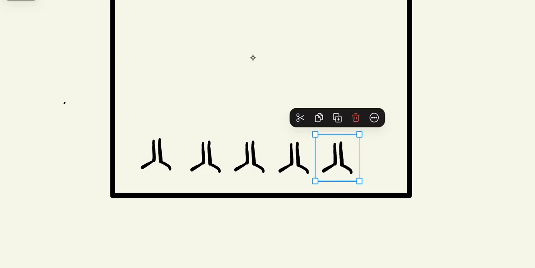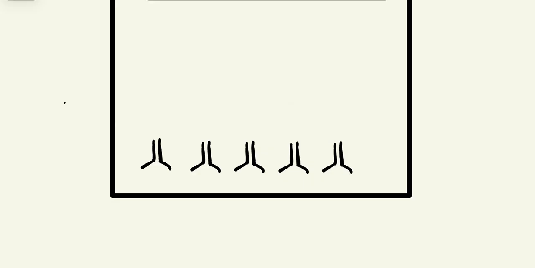Now they were bound to what? They were bound to the radio labeled hormone. So this is my radio labeled hormone. These were my radio labeled hormones, which were comparatively weaker than the normal hormones.